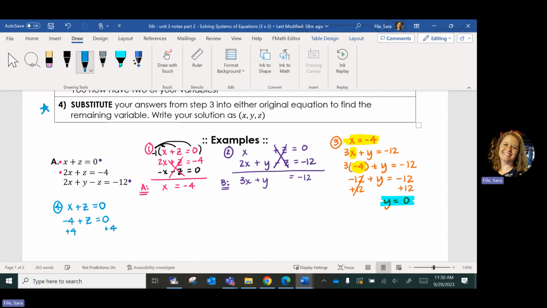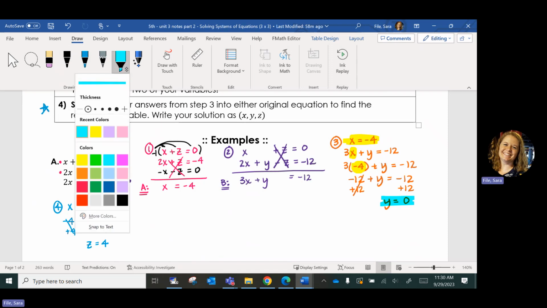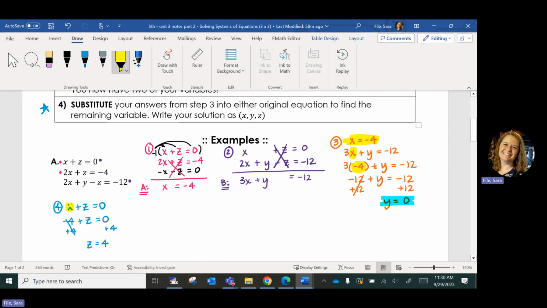Some of you can see that answer before doing this step, and that's good. And I can see z must be positive 4. Okay, so I replaced x with negative 4. There was nowhere to replace y in this equation, so I didn't actually have to substitute that one in. If I had chosen to use the third equation, I would have had to plug both in, right?